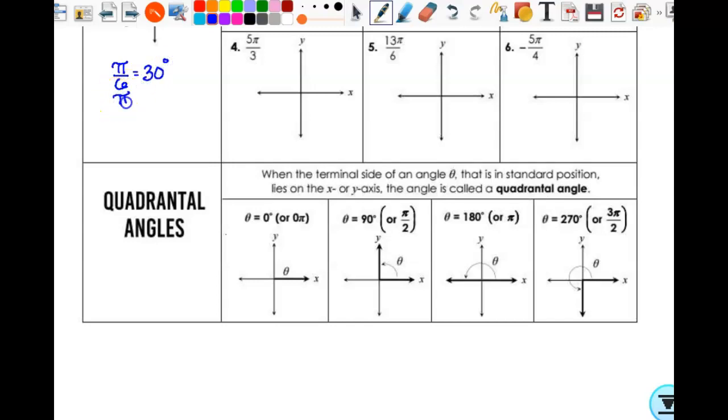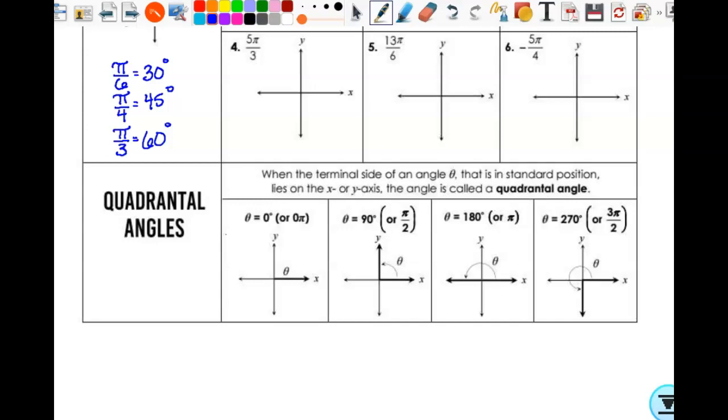Pi fourths is 45 degrees. Pi thirds is 60 degrees. Those are our special angles, like we talked about special right triangles yesterday. Those things right there, you definitely need to commit to memory now. And we can always look at the circle again to figure out how to get there. We'll look at that too.